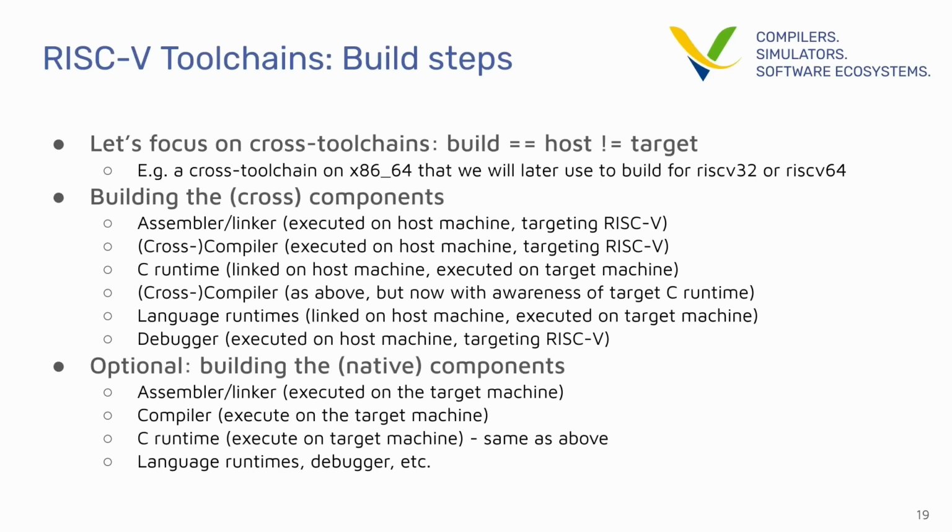Once we have a cross toolchain, we can build a native toolchain on top of that. For example, we can compile or cross-compile the assembler and linker, which can then be executed on the target machine. The same applies to the compiler and other tools. The C runtime for the native environment is actually the same like we have for the cross toolchain.